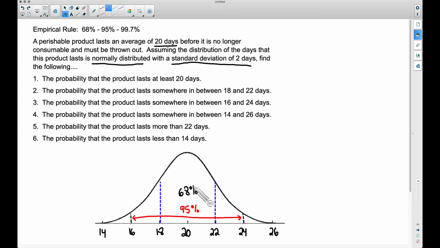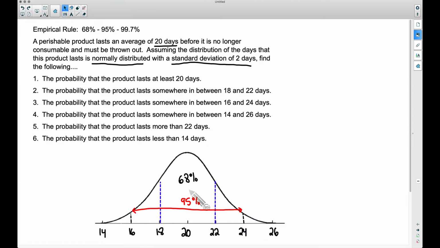And now, if you see the pattern, 99.7 is going to involve the 3rd standard deviation. I'm going to rearrange these. I just want you to remember the 68%, that's between 1 standard deviation below and 1 standard deviation above. The 95% involves 2. And then last but not least, the 99.7.